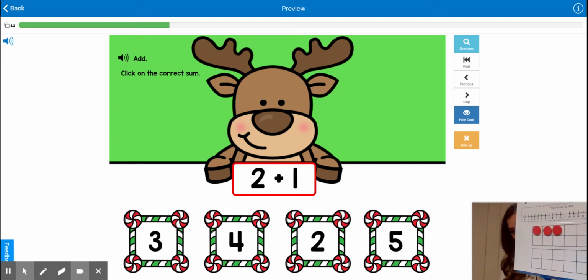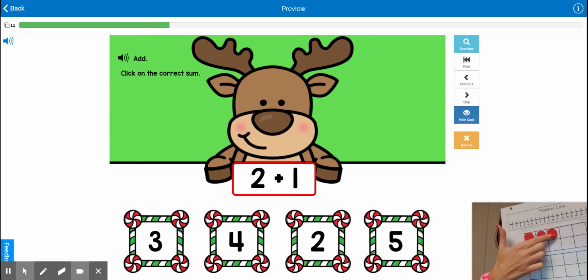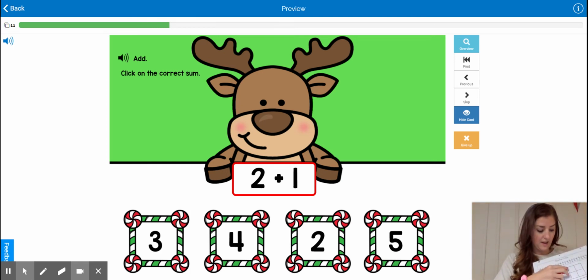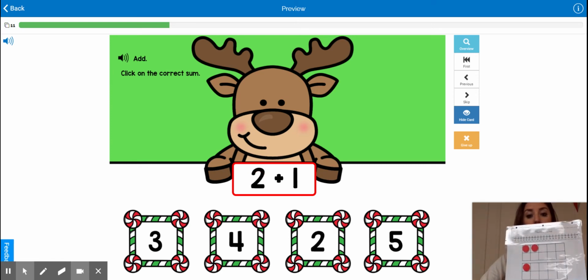How many do I have altogether? 1, 2, 3. Another way of saying that is I have a group of 2, and I'm going to put it together with a group of 1.